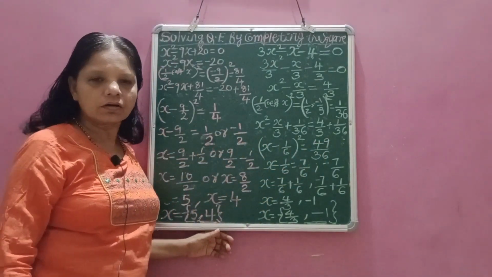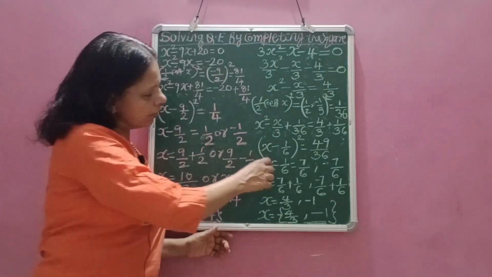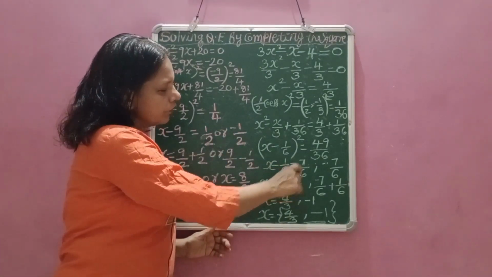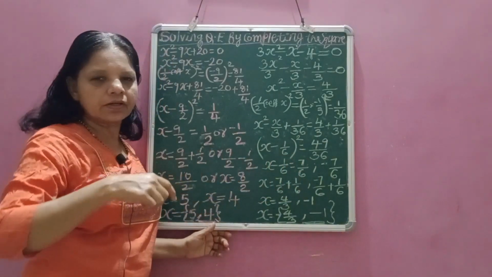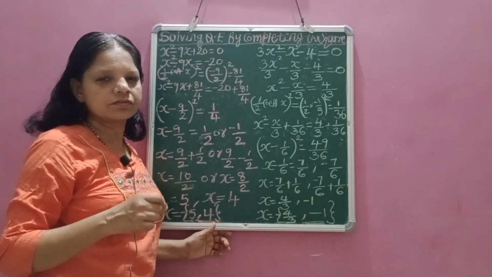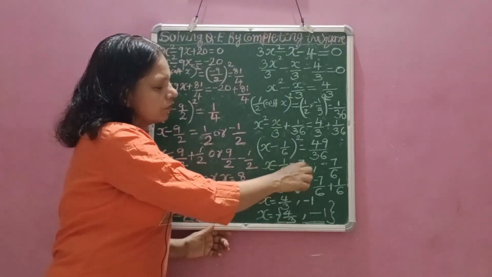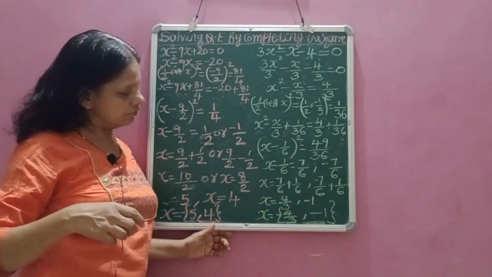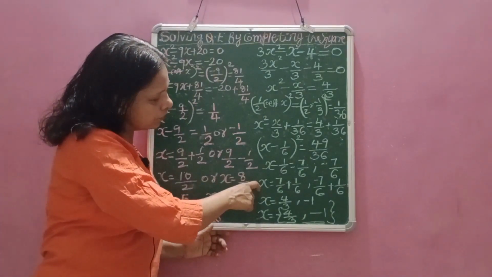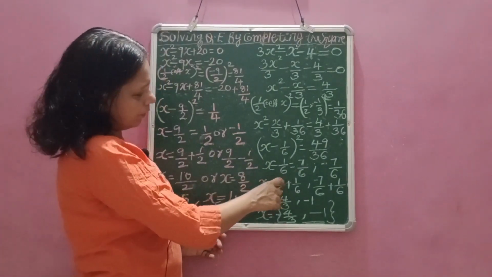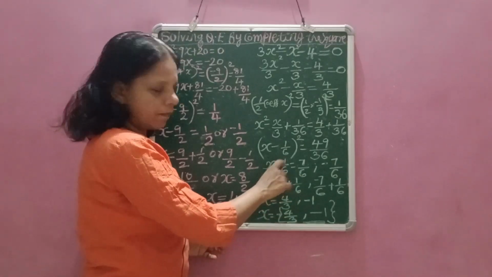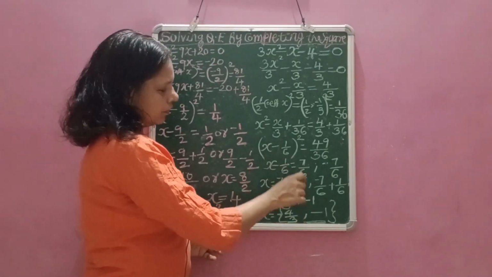Taking square root on both the sides. x minus 1 upon 6 equal to square root of 49 is 7 and square root of 36 is 6. 7 upon 6, or again two values, or minus 7 upon 6. Therefore, x is equal to 7 upon 6 plus 1 upon 6, minus 1 upon 6 becomes plus 1 upon 6.